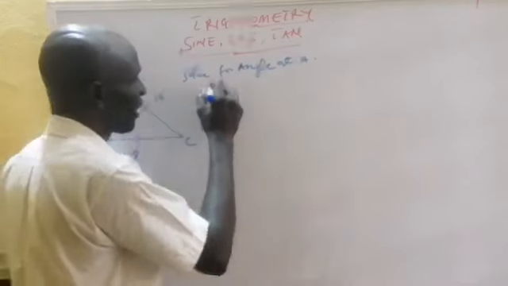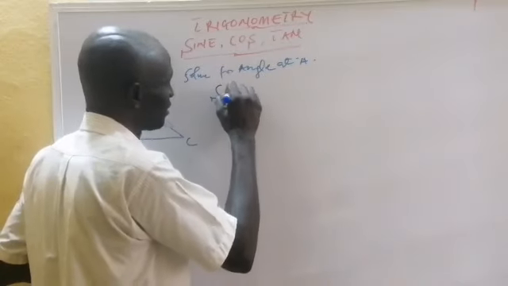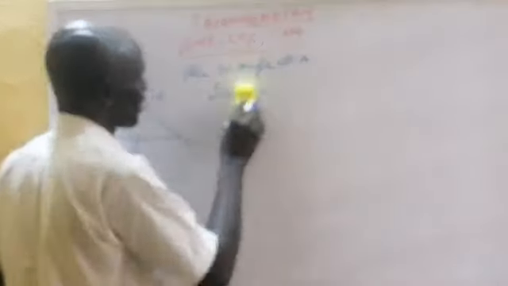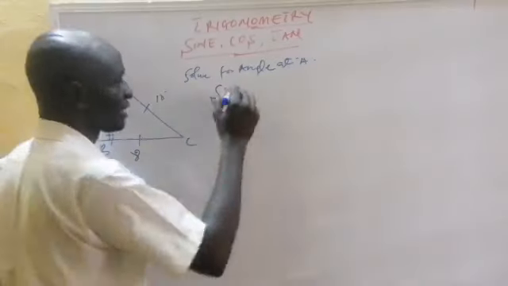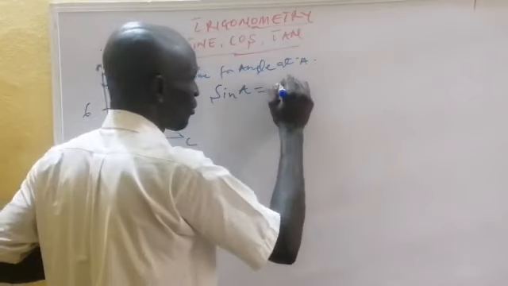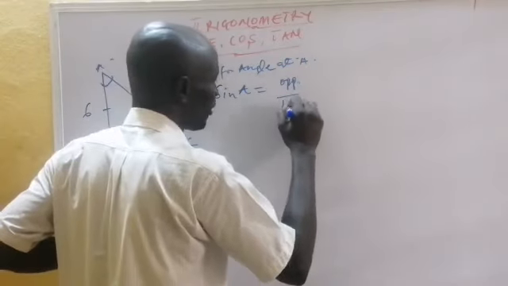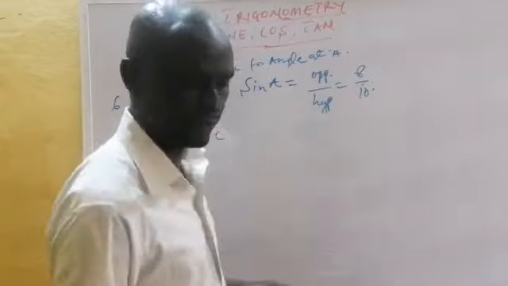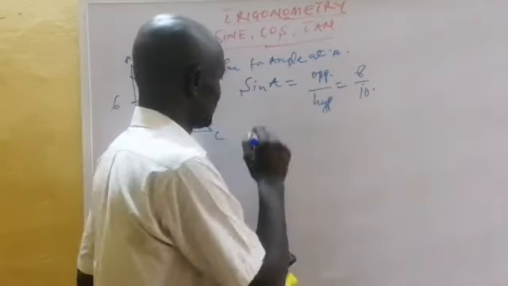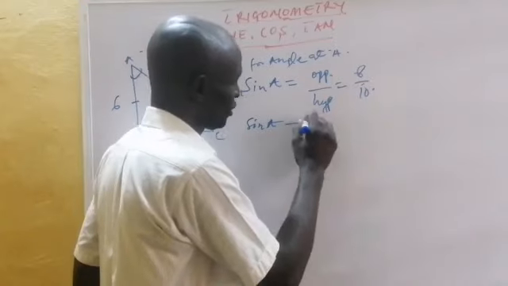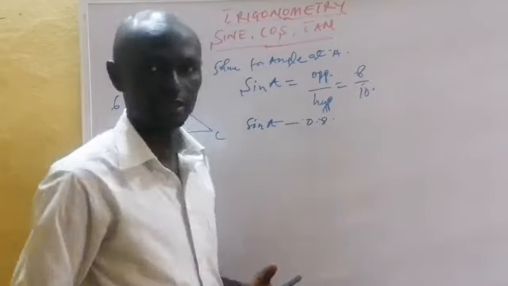If I decide to define it in the form of sine, sine theta, or let's put A. Since I'm talking about the angle at A, sine of A will be equal to opposite all over hypotenuse. That's equal to 8 over 10. Sine A is equal to 0.8.